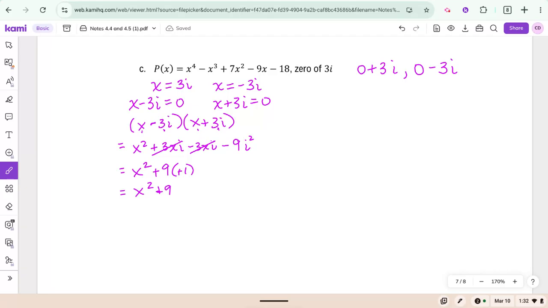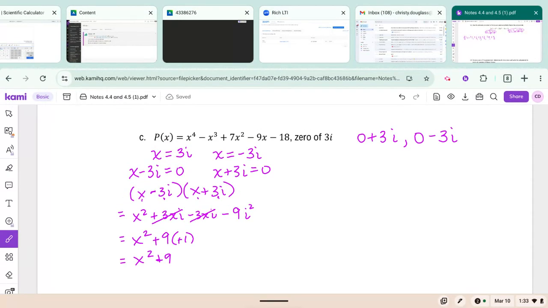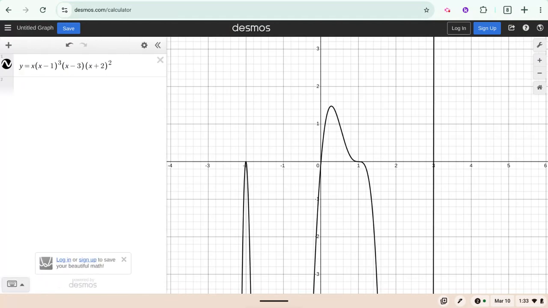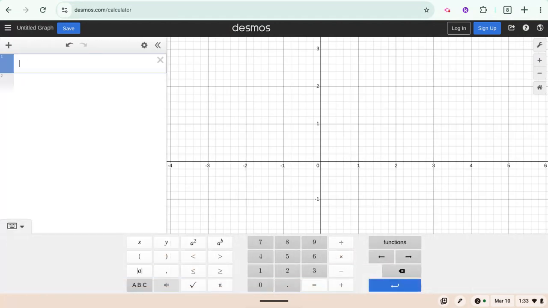Now, to find the other zeros, I'm going to cheat and I'm going to go to the graph. So let me go here. All right, this one is a little too complicated without the help of a graph.